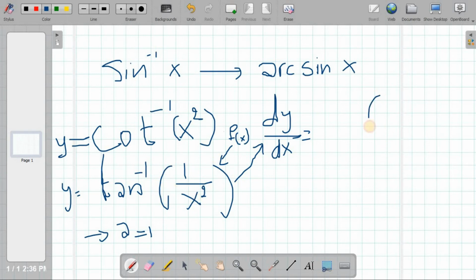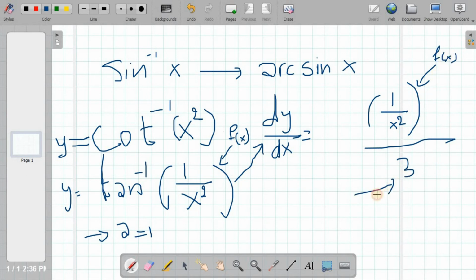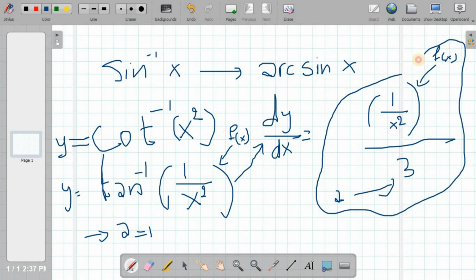It's different if you have a bracket 1 over x squared over, let's say, 3. Now we can say this one is our function, which is f(x), but down here, this is our a.